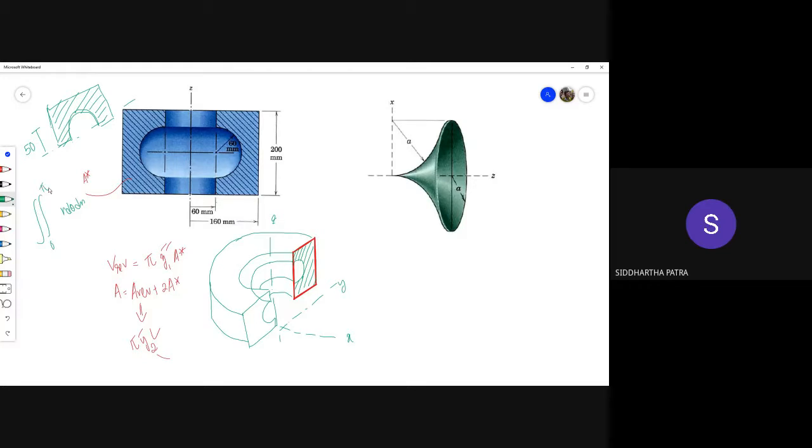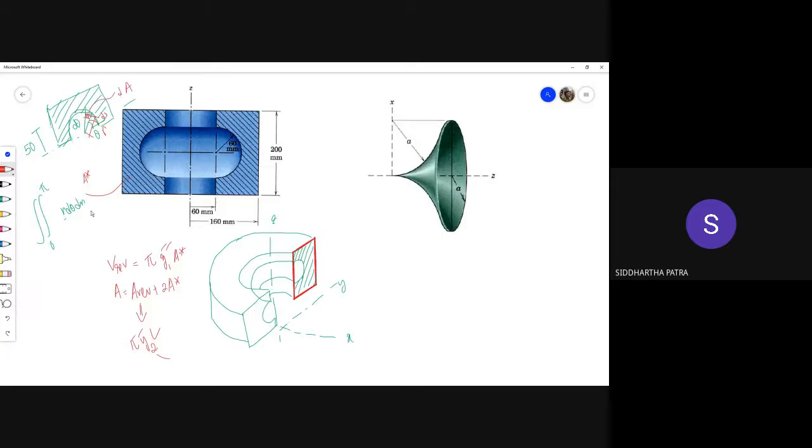We are talking about this angle right here, theta, and let's say this angle is d theta. r d theta is one of the dimensions, and if I take this much to be r and this much to be dr, then dr and d theta make up this differential area.